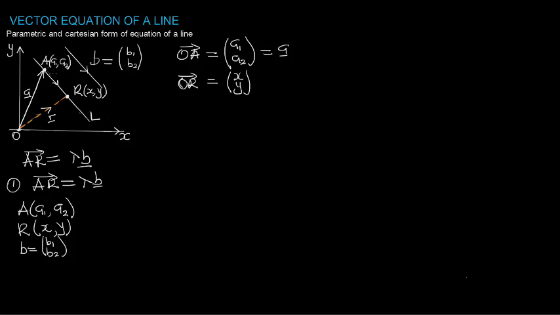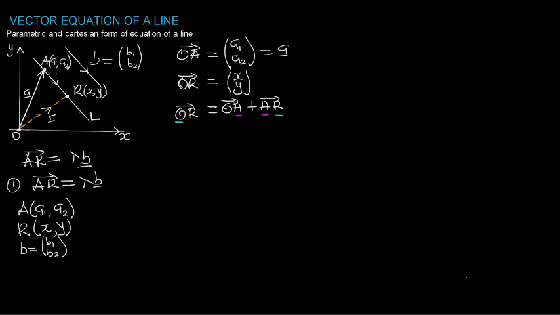As earlier said, if I want to move from O to R, I can go through OA plus AR. Now look at the movement from O to R. I move from O to A and then A to R. Take note of the position of this and that. You see, it starts here and ends there. And then take note of the position of A and A. I move from O to A and I start from A to R. That is vector addition.